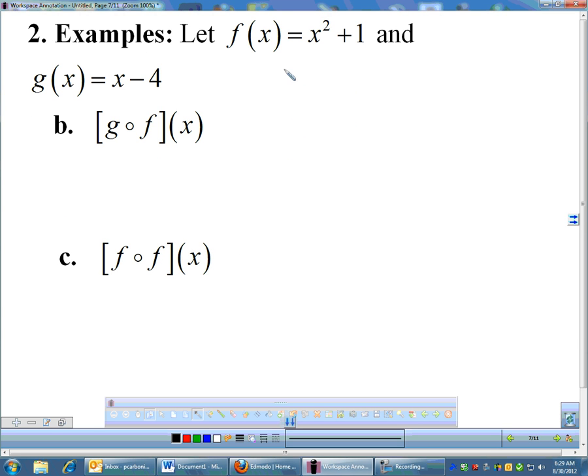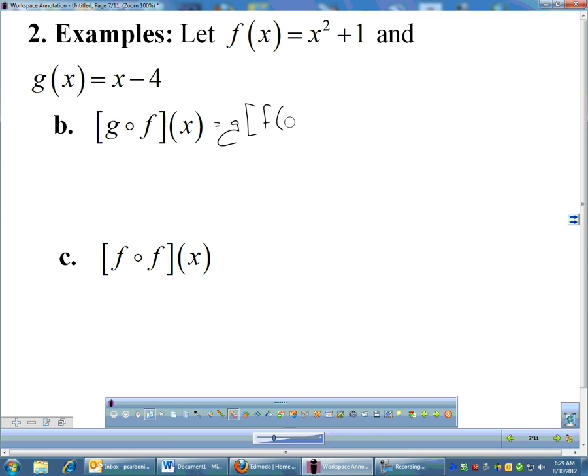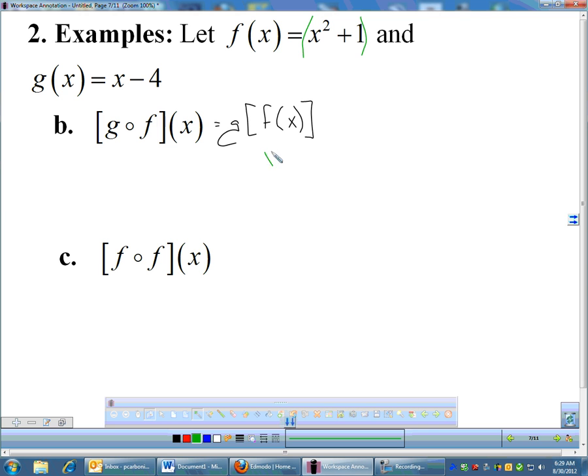Moving on, same two functions. If I wanted to do g of f of x, well, now I'm going to take my f function and stick it inside of g. So this f function is x squared plus 1. And then I will do g of x squared plus 1, which is going to be, g is, let's see, x minus 4.